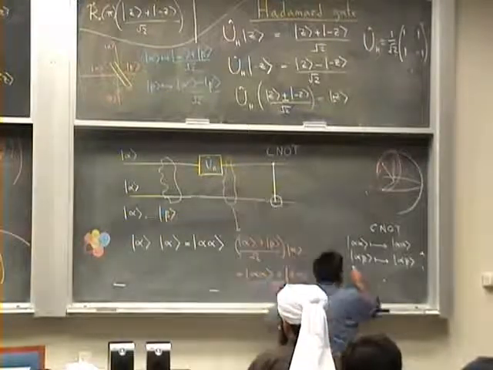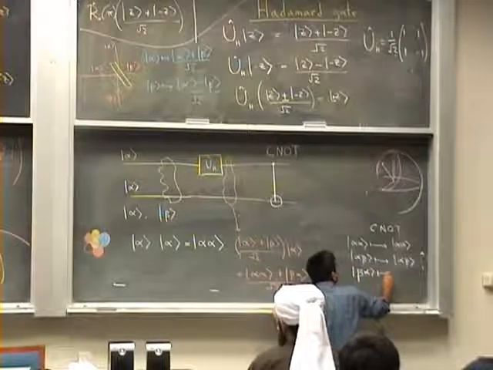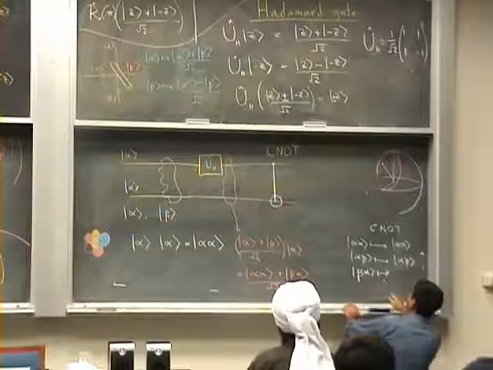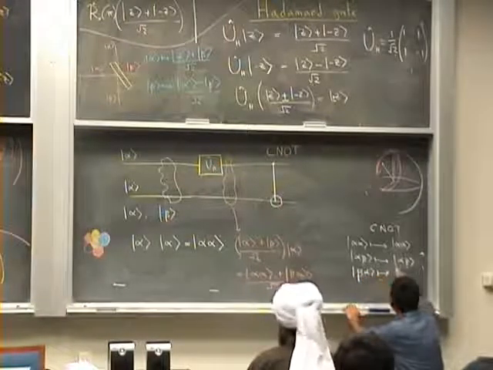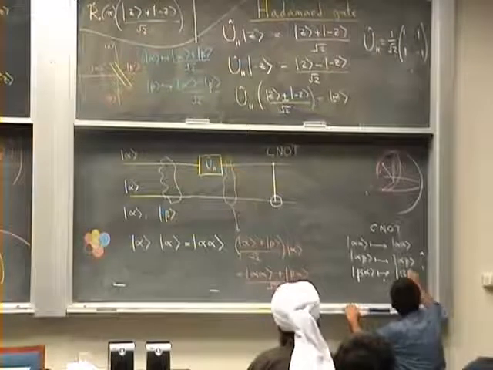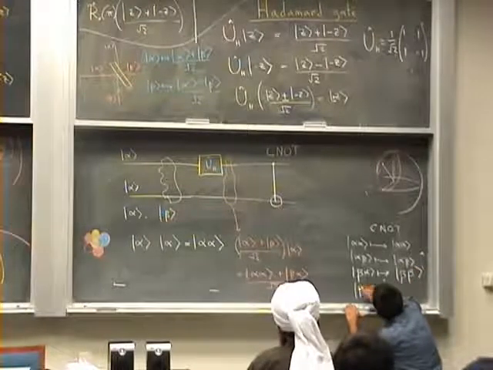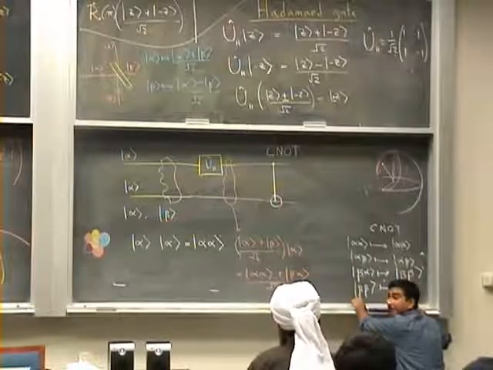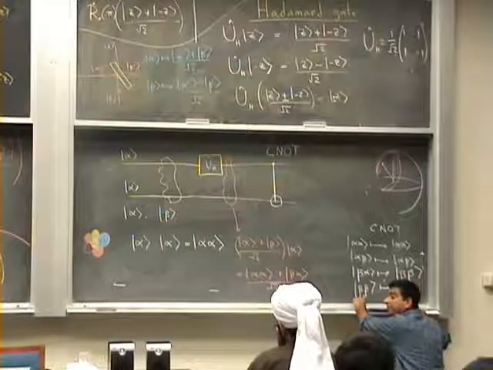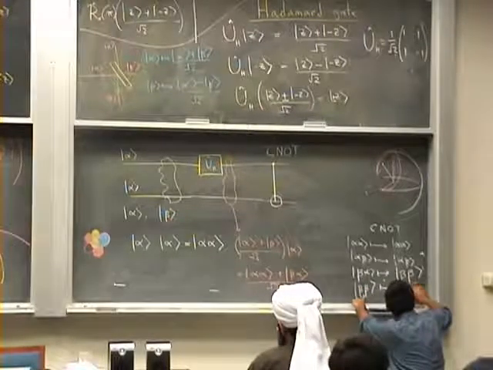However, if my input is beta alpha, the control qubit is in beta, so it applies a NOT gate to the second qubit and creates beta beta. If my input is beta beta, the control qubit is beta, so it applies a NOT gate to the second qubit and creates beta alpha.